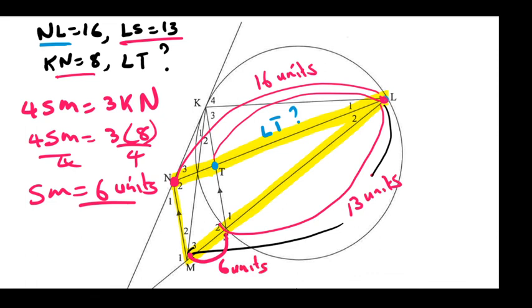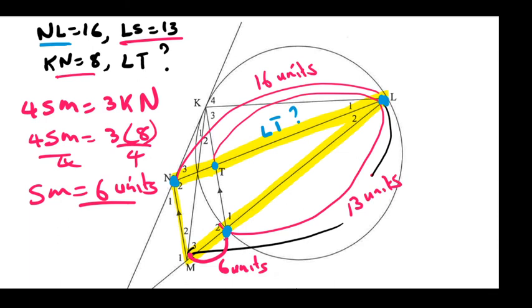So now, let us solve this problem using what we have, because we have LN from the diagram, just by looking at the diagram. LN from here to here, we have LS, we have SM, right?